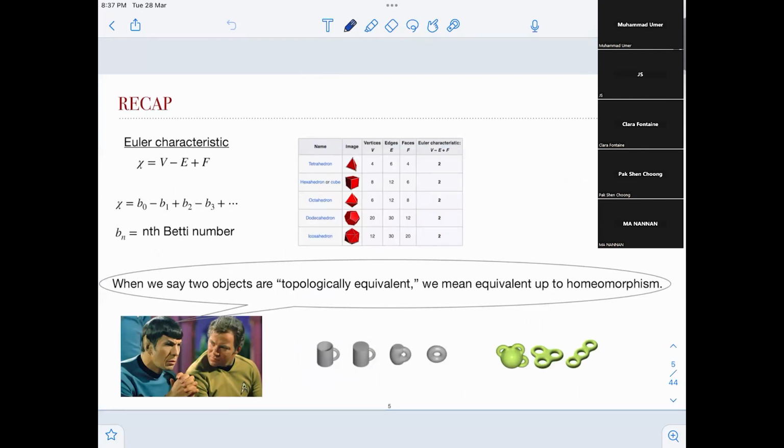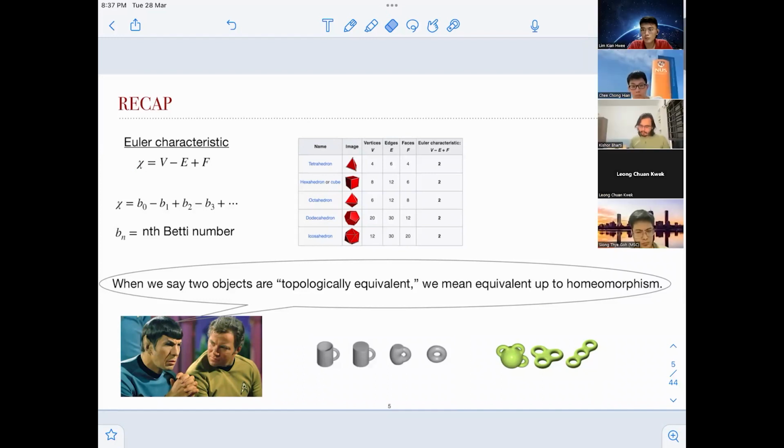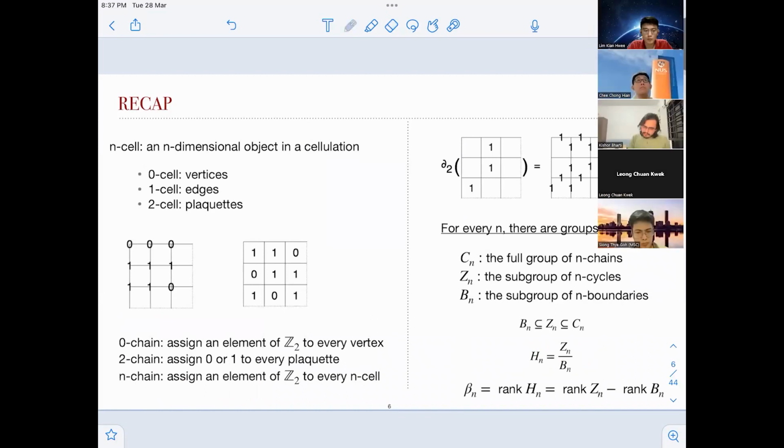That's how we calculate the Euler characteristic for objects which are not polygons. You cellulate with polygons, count vertices, edges, and faces, and calculate the Euler characteristic. A zero-cell is a vertex, a one-cell is an edge, and a two-cell is a plaquette.